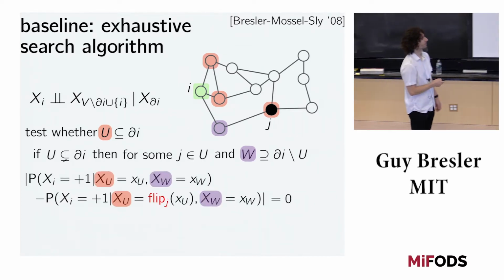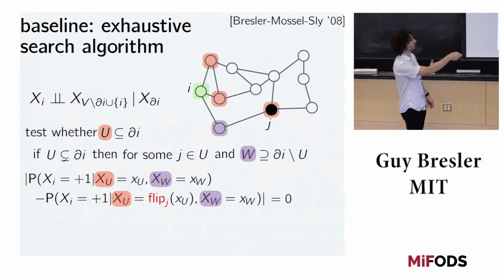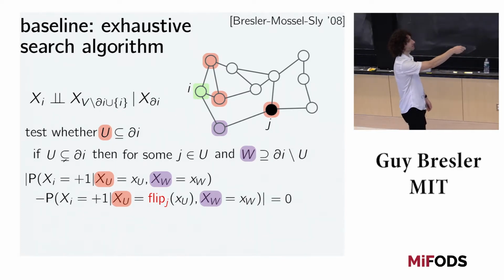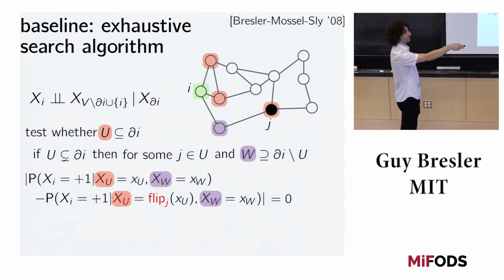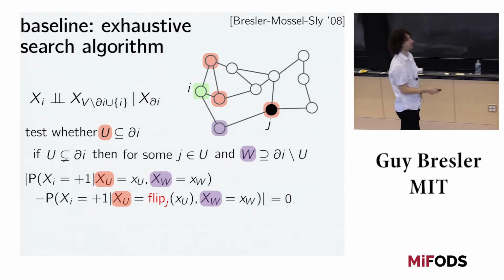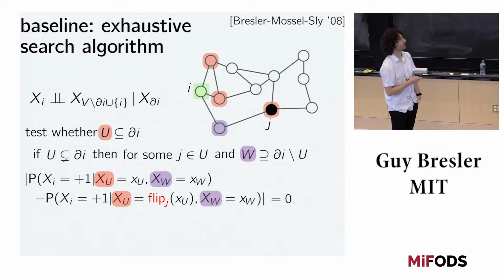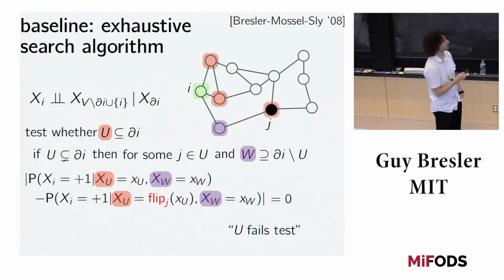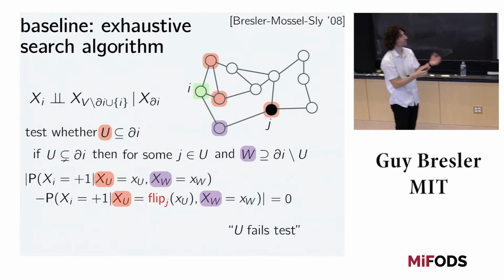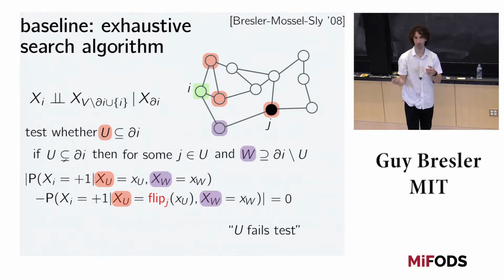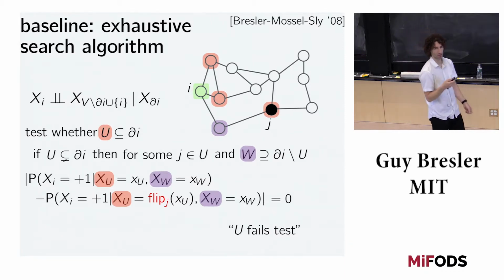This can be tested from the empirical distribution, so you could put hats here, but the true distribution will satisfy this with exact equality: this is equal to 0, flipping the value of node J does nothing. So U fails the test if it is not a subset of the neighborhood of I, where the test is: search over W, try all the values of J in U, flip it and see if it changes the posterior at I.